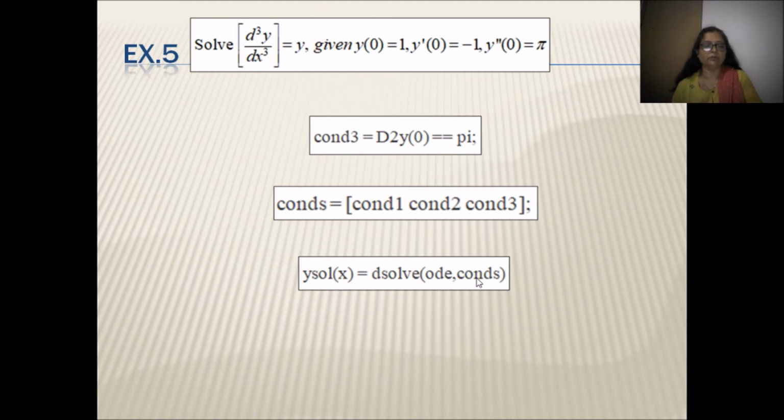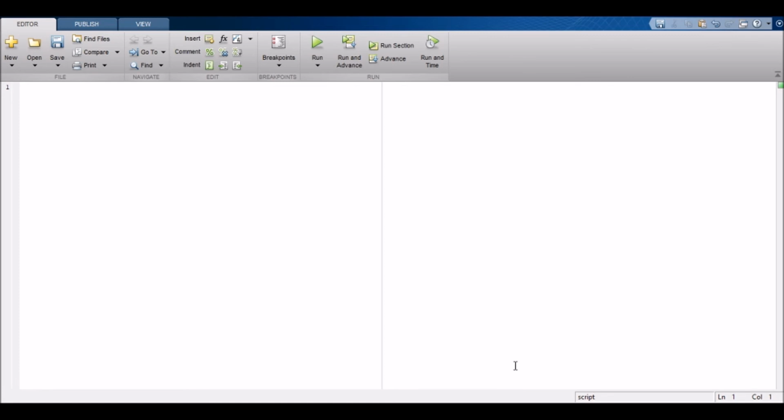Now we run this program in MATLAB. By using MATLAB, now we solve example number 5. This example number 5 is a third order differential equation and three initial conditions are given. Therefore, first step is we write down syms y of x. Then here three conditions are given. First condition y of 0 equal to 1, second condition y dash of 0 and third condition for y double dash of 0.